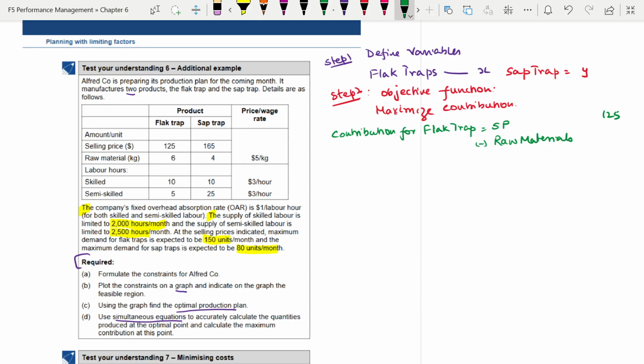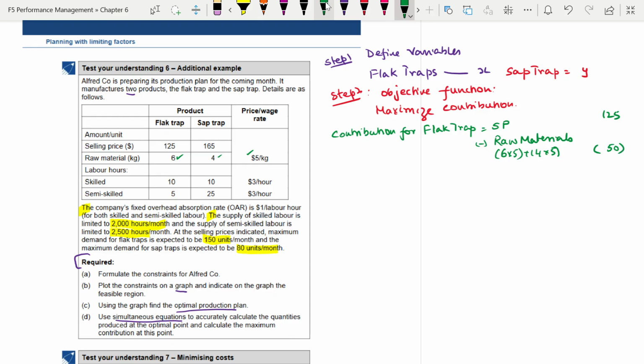There is 6, 6 times 5, plus 4 times 5. 6 times 5 is 30, and 4 times 5 is 20. 30 and 20 will become 50.